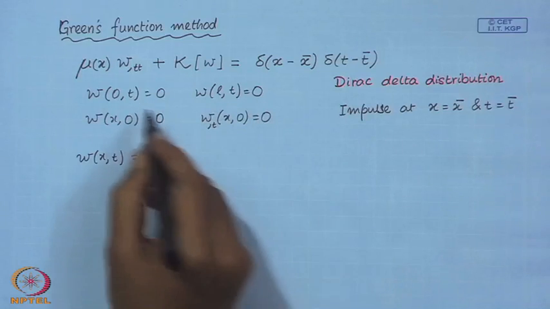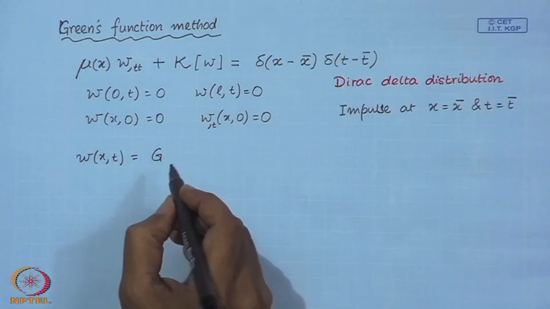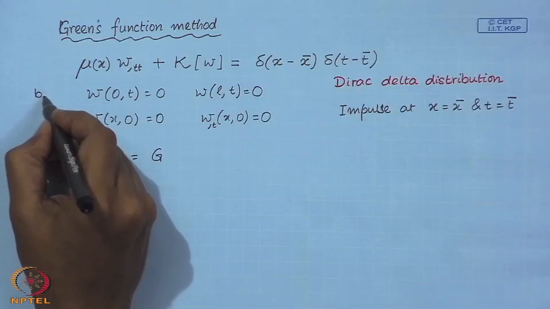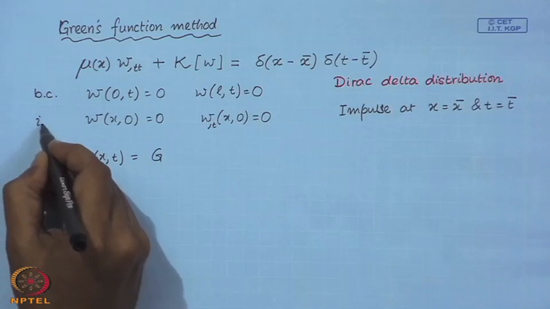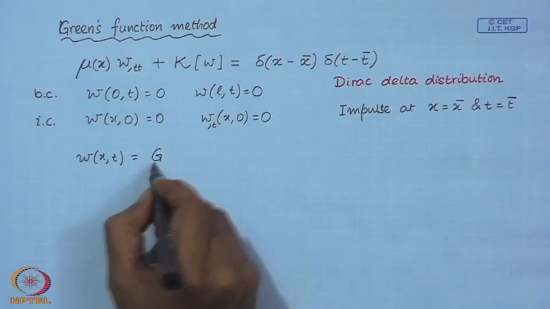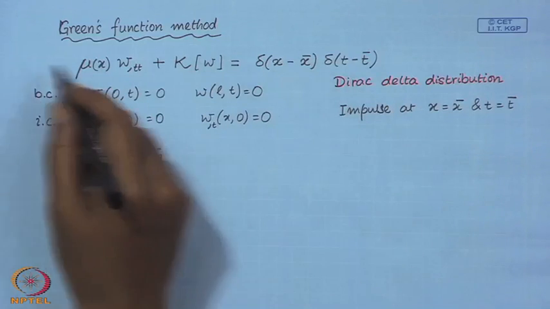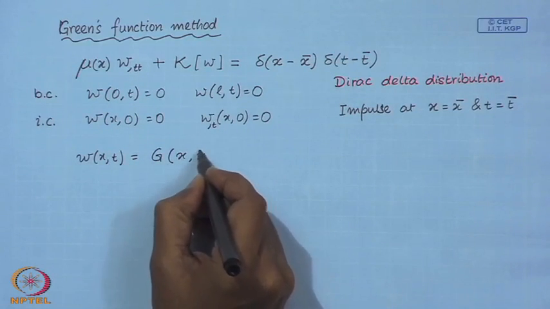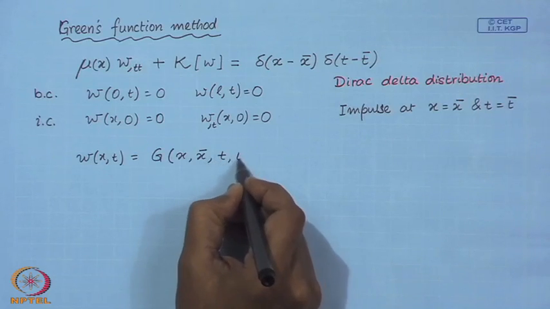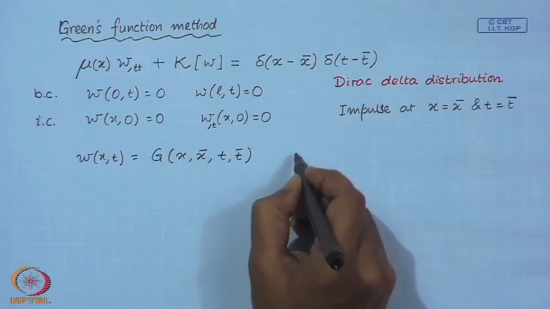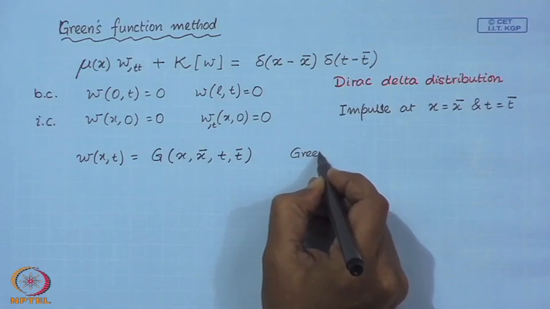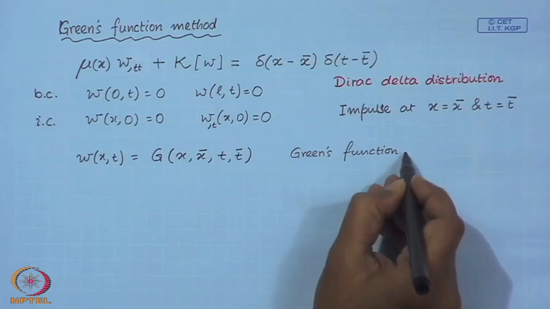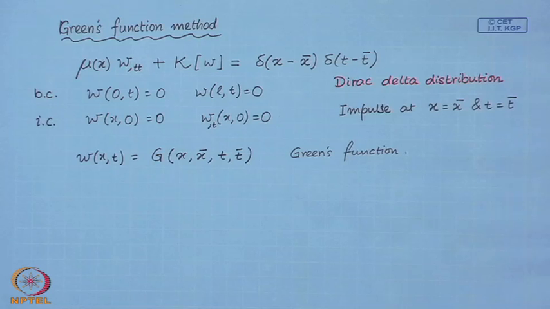Here the boundary conditions are homogeneous and initial conditions are all 0. The solution of this system is known as the Green's function. We will represent this in this form.